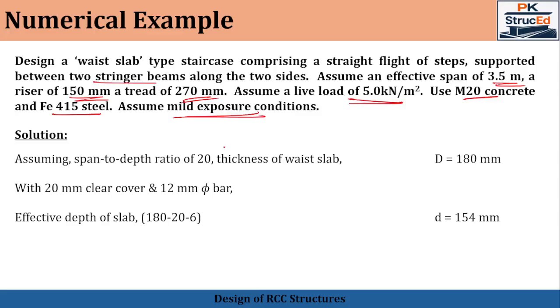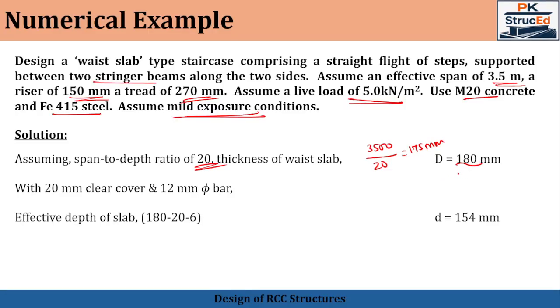We assume a span to depth ratio of 20, hence the overall depth or the thickness of the waist slab will be calculated as 3500, the effective span, divided by 20, which gives 175 mm, approximated to a value of 180.